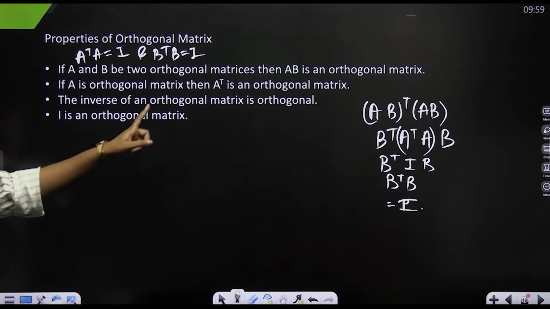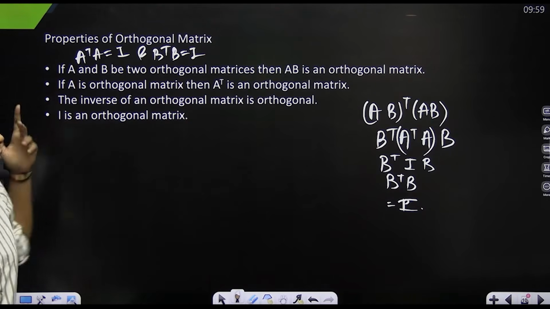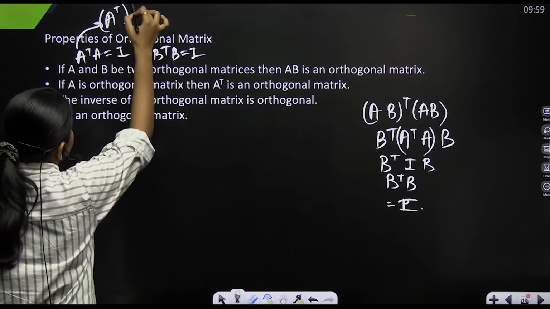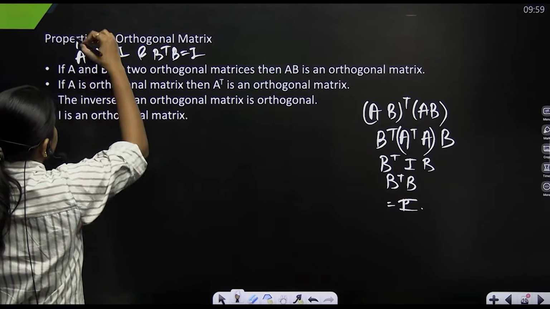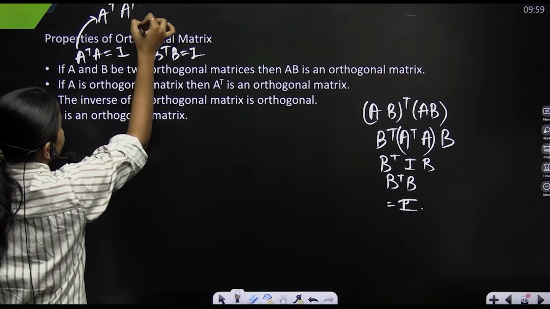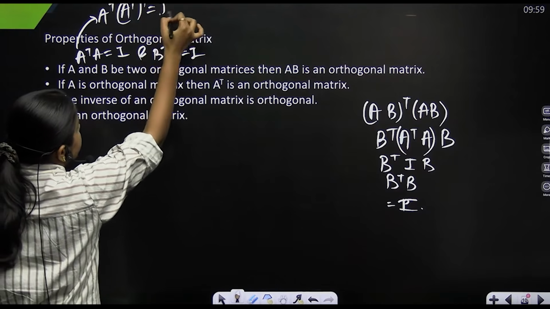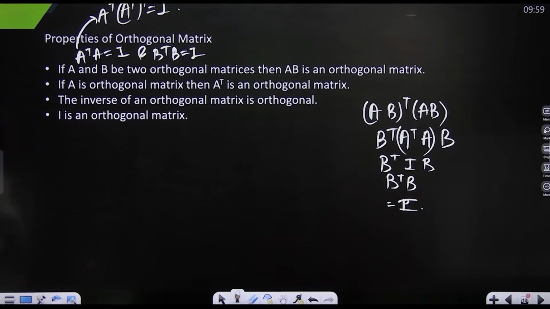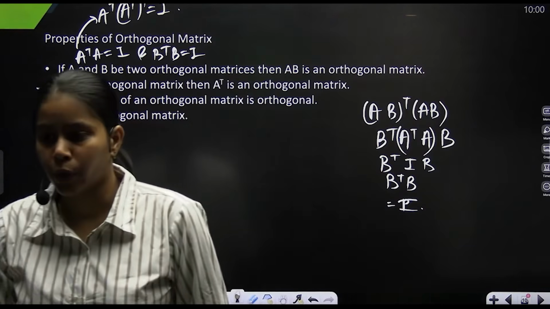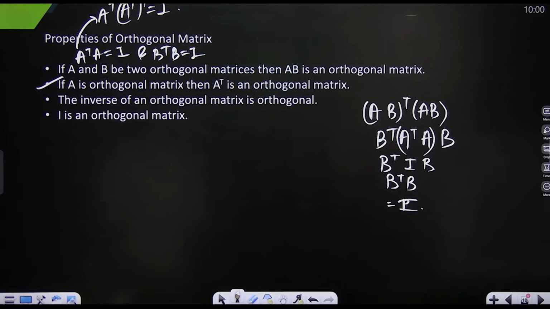Similarly, if A is an orthogonal matrix, then A transpose is an orthogonal matrix. You can write this as A transpose into A transpose transpose is equal to identity. So A transpose is an orthogonal matrix. Also, the inverse of an orthogonal matrix is orthogonal, and identity is also an orthogonal matrix. So these are all the properties of orthogonal matrices.